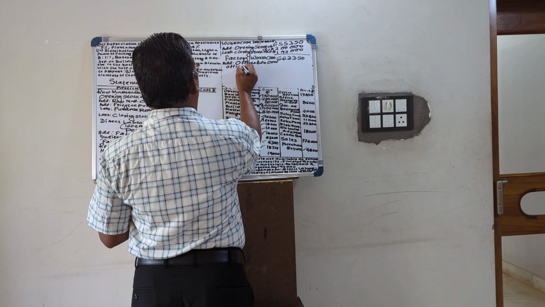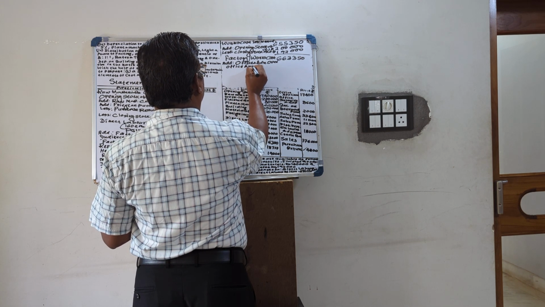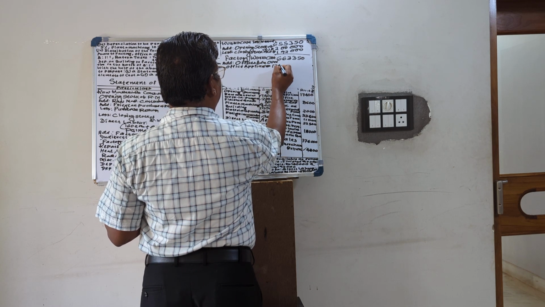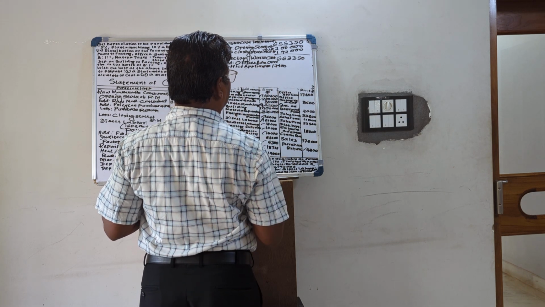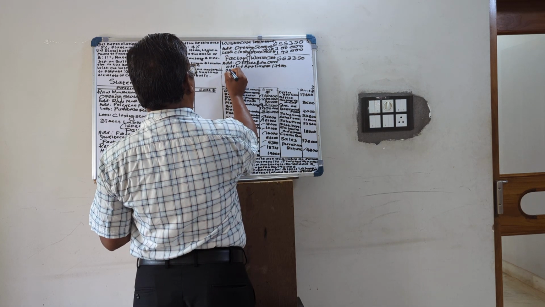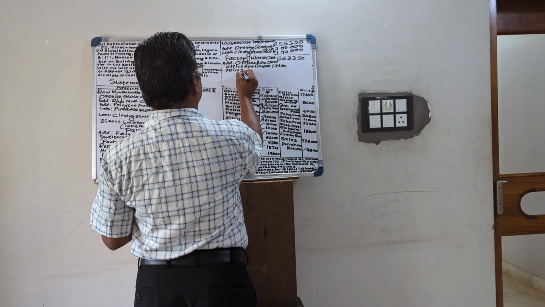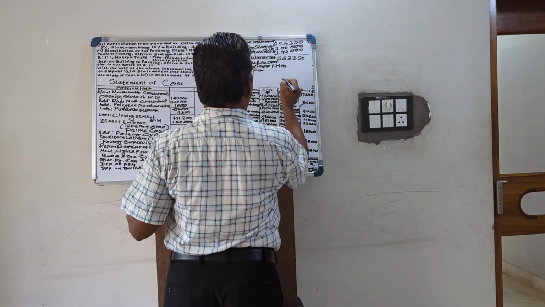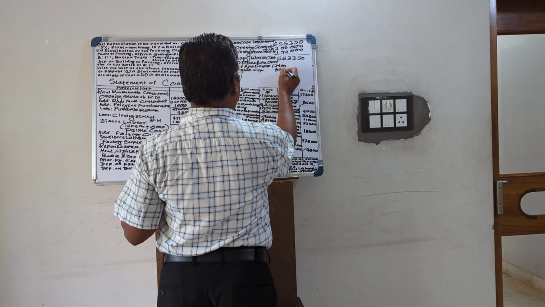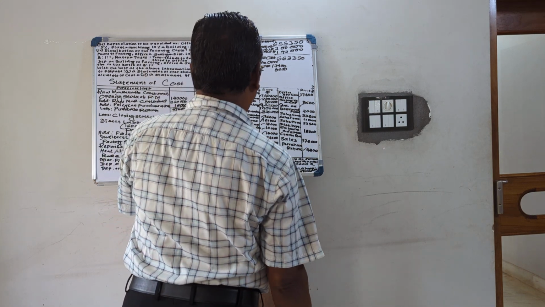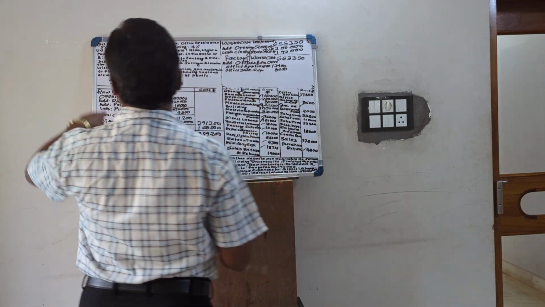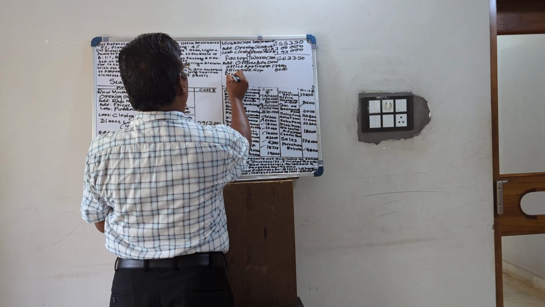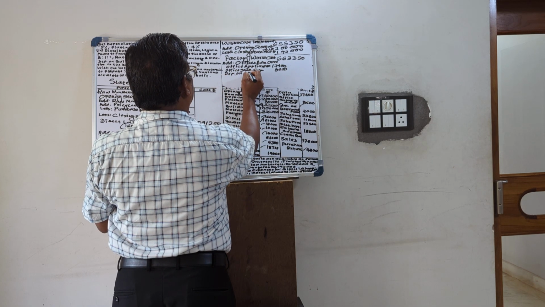Then office salaries and expenses, that is 8,600. Then depreciation on office appliances.